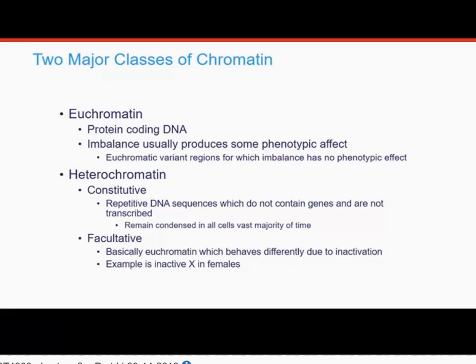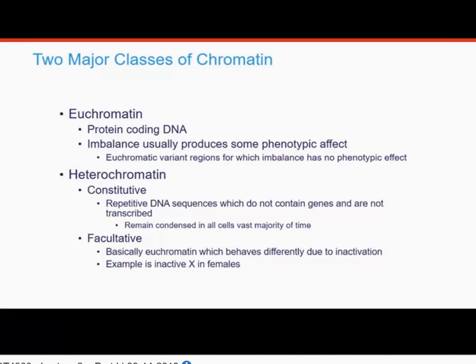And so an imbalance in the euchromatin often produces a phenotypic effect clinically. There are some euchromatic variants for which small imbalances seem to not have a phenotypic effect. A couple that come to mind are a particular region on the short arm of chromosome 8. I think there's a region on the short arm of 5 also.